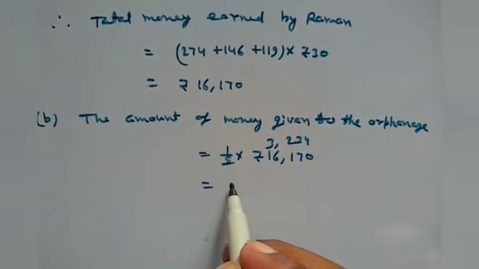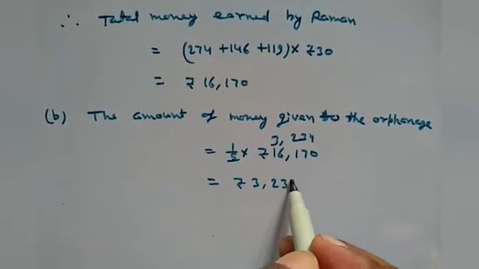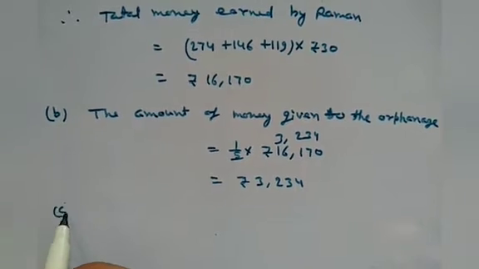So rupees 3,234 is our answer. Number C.